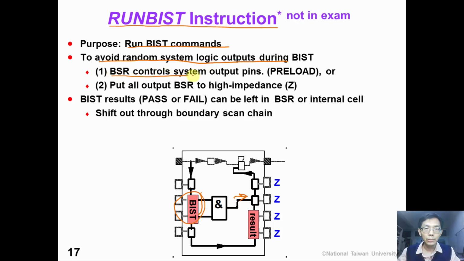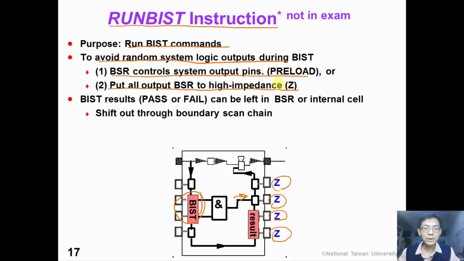First, we can preload our boundary scan cell so that the boundary scan chain controls the output. Alternatively, we can put all the output boundary scan registers into high impedance state, as is shown in this figure.